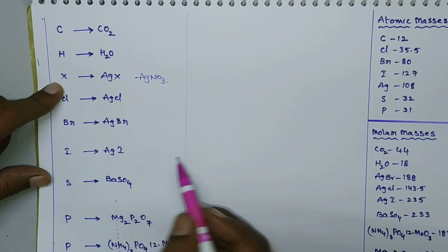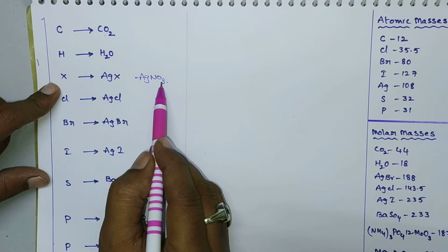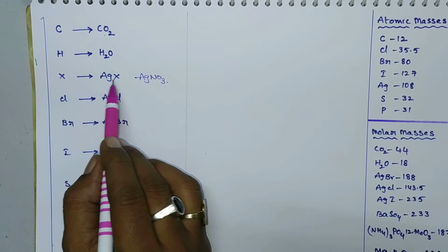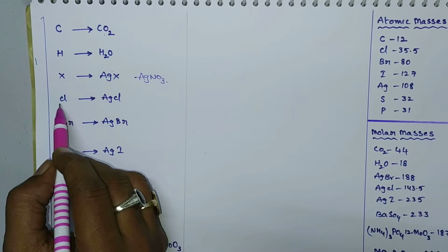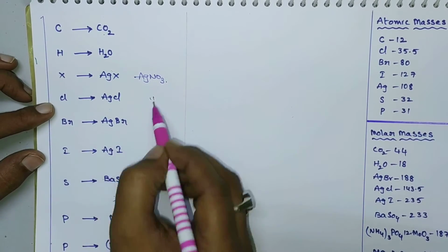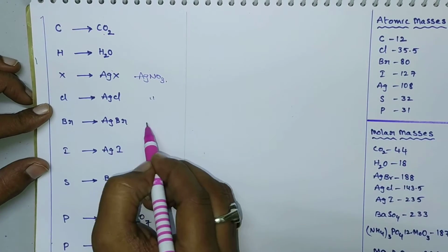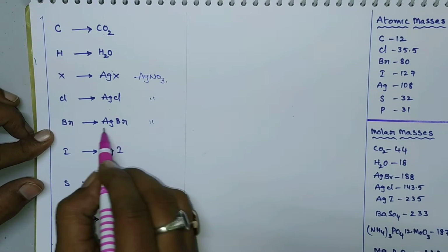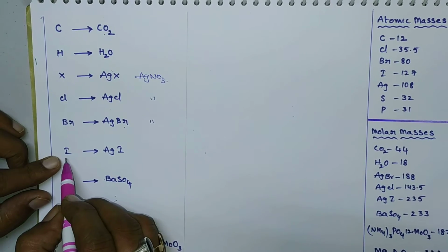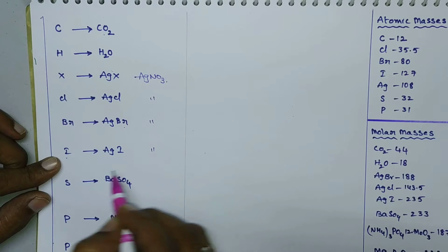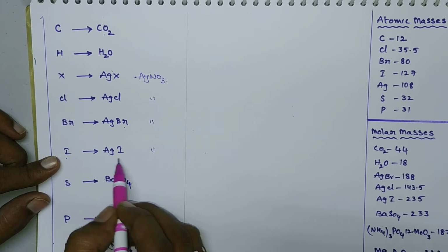If it is chlorine, it produces silver chloride. Bromine produces silver bromide. Iodine produces silver iodide.